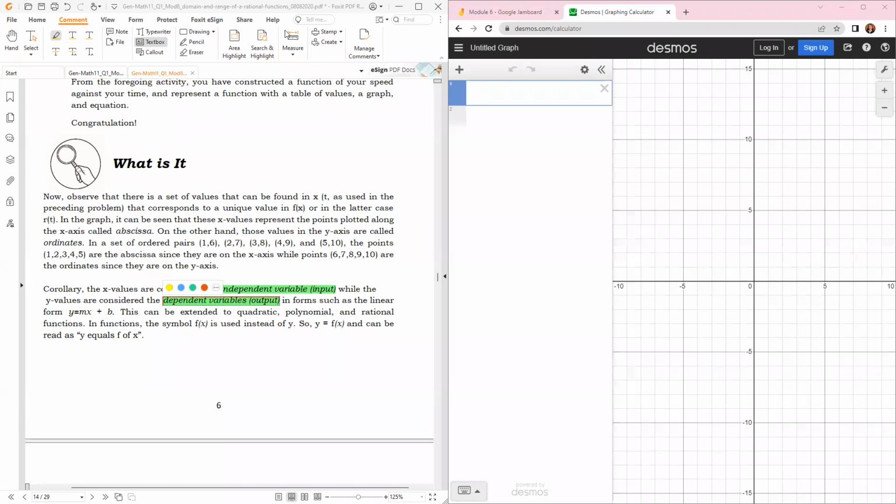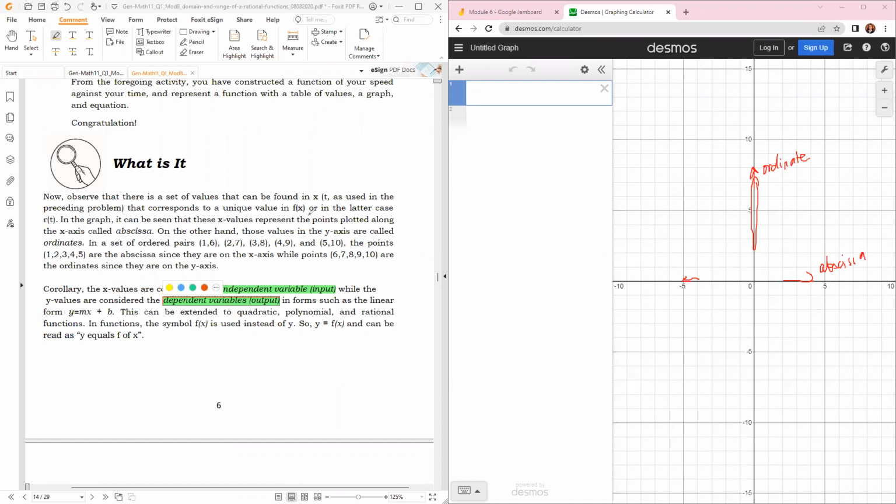Remember that the y-axis, this whole axis going up, is called the ordinate. And the x-axis, which spans horizontally, is called the abscissa.